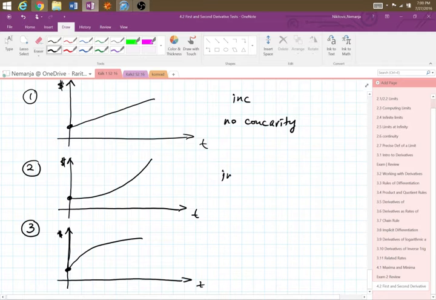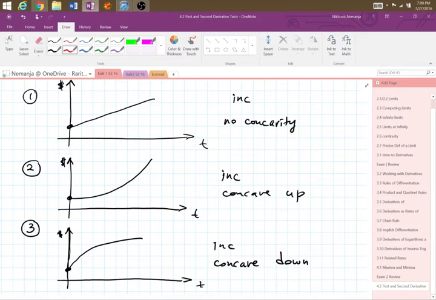This one is increasing, concave up. And this one is also increasing, but it's concave down. And we definitely want this case over here because that one makes most of the money. So I hope you guys understand what concavity is.